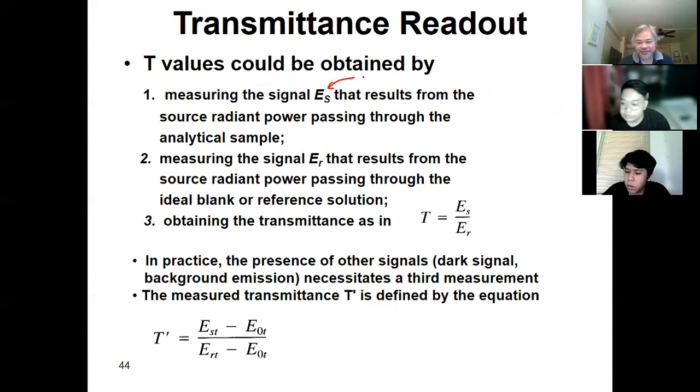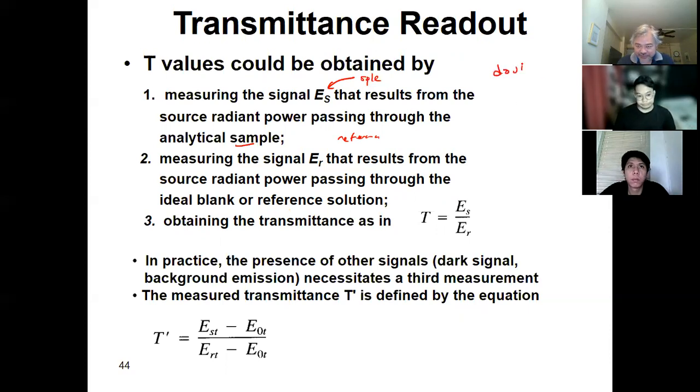S stands for sample. That results from the source radiant power passing through the analytical sample. Or by measuring the signal ER. R is reference. That results from the source radiant power passing through the ideal blank or reference solution.